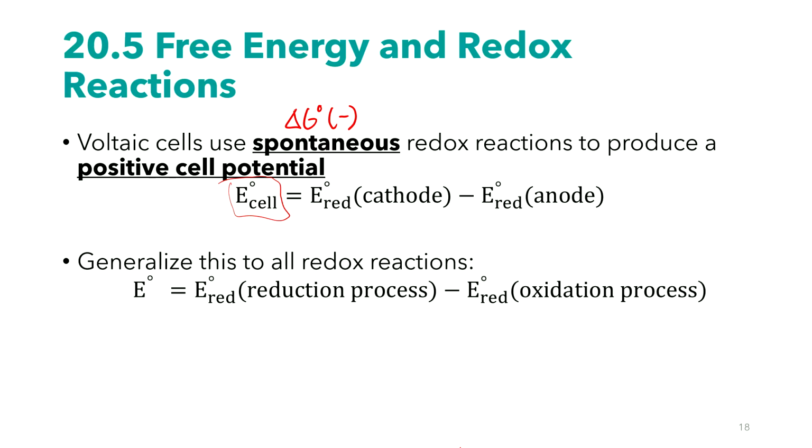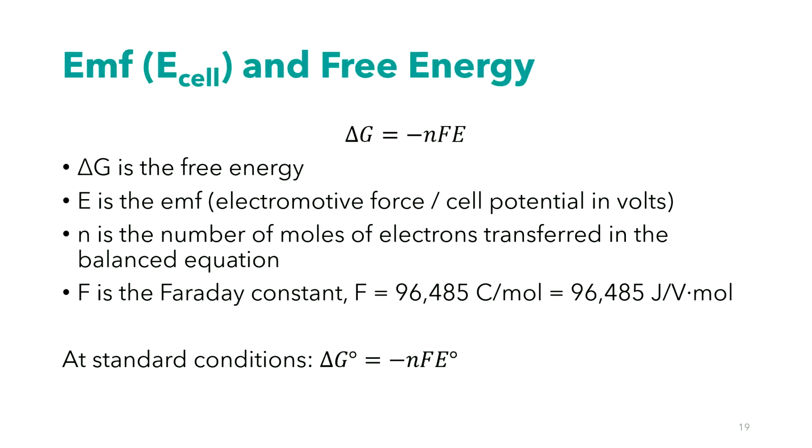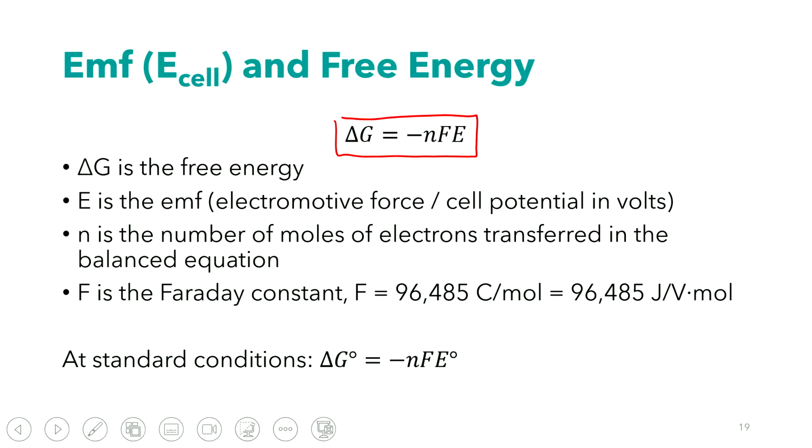We can connect them with an equation, which is what I've done here. Delta G, so that's our Gibbs free energy, equals negative nFE. E is the electromotive force, or the cell potential in volts. I've just written both of these as non-standard, which is where we're going to eventually get to. n is the number of moles of electrons transferred in the balanced equation.